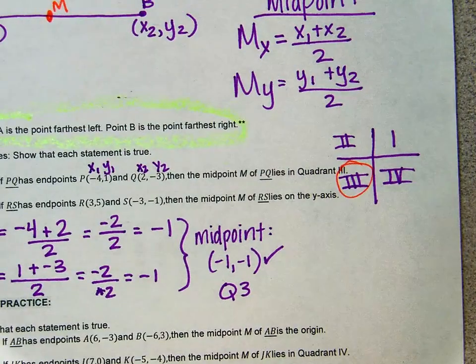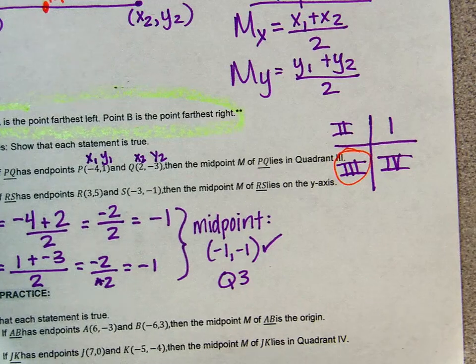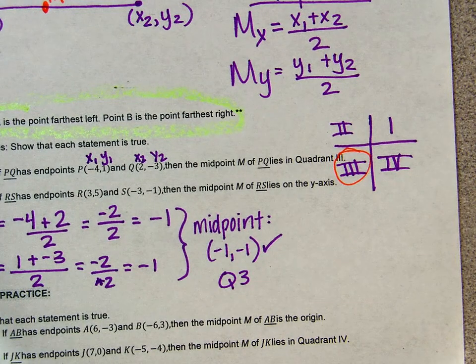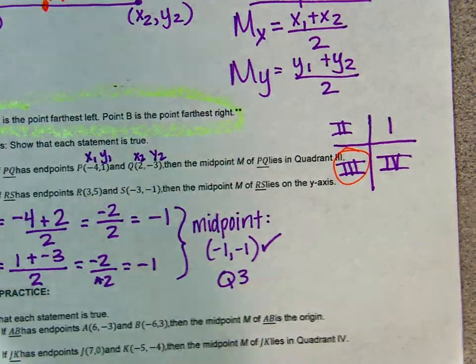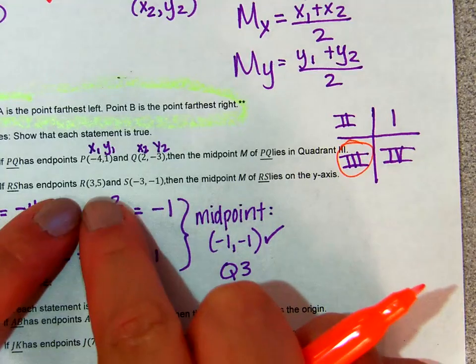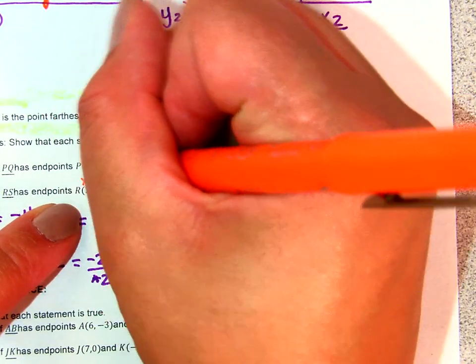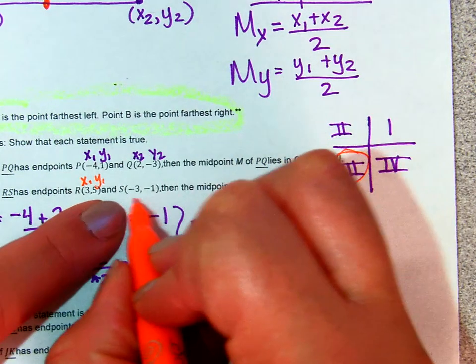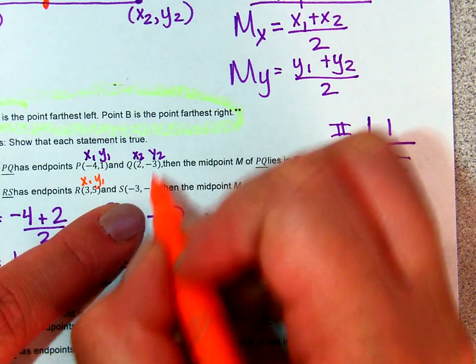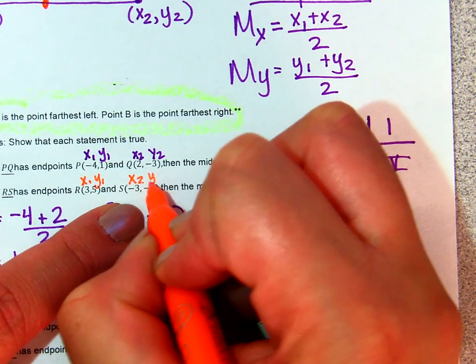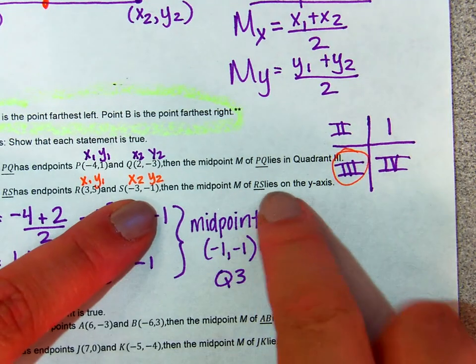So example 2. If RS has endpoints R(3, 5), I'm just going to go ahead and label it. It's the first one they give me, that's x1, y1, which means S has to be x2, y2. Then the midpoint lies on the y-axis.